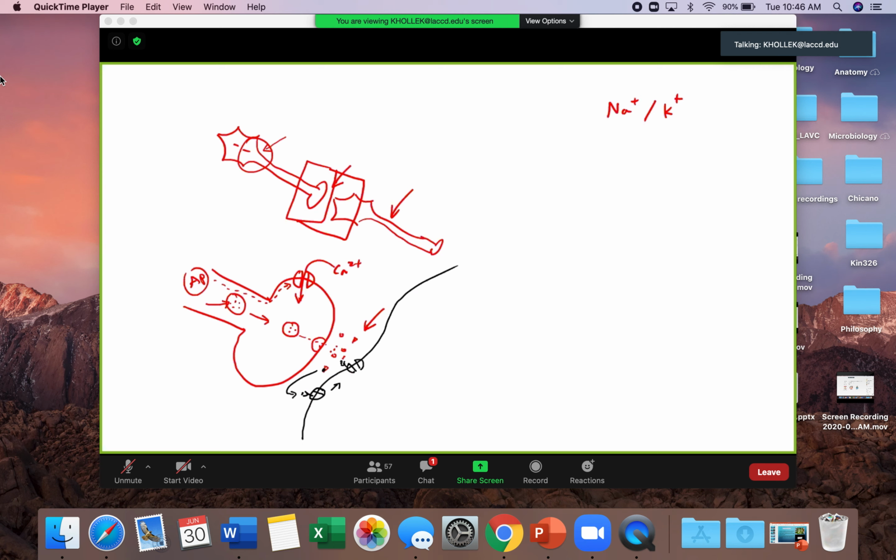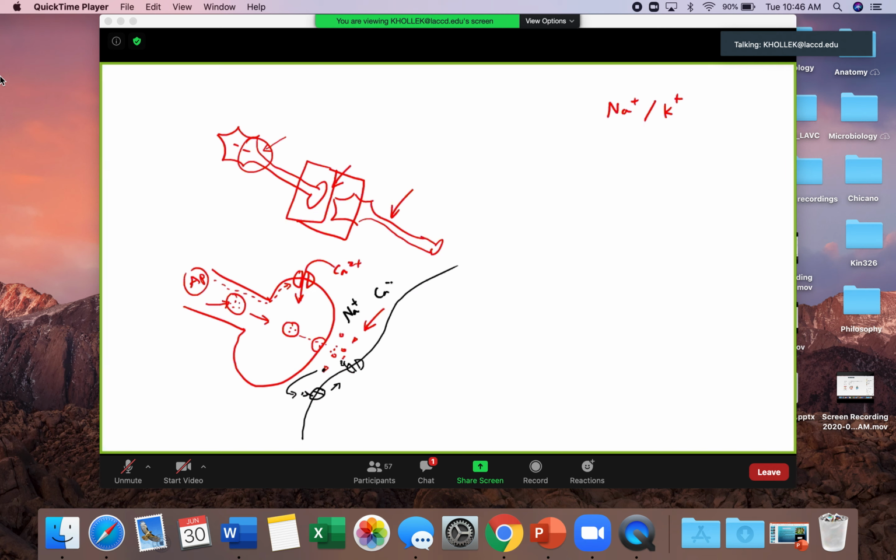Now, what kind of ion channel it is depends on the type of neurotransmitter. So let's assume on this one, let's say it's a glutamate, and it's an excitatory signal. Then what happens again?